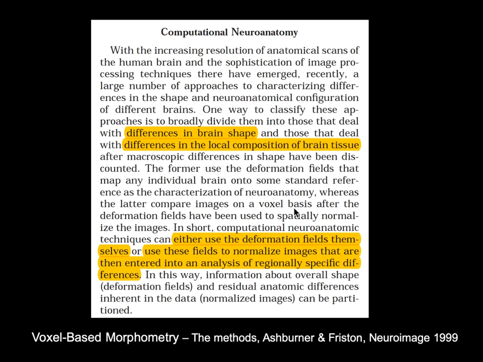So here is from a book that is about 20 years old, from Ashburner and Friston, voxel-based morphometry. And they were already pointing out that we can look at differences in brain shape. So our biological question can be related to differences in brain shape or to differences in local composition of brain tissue.